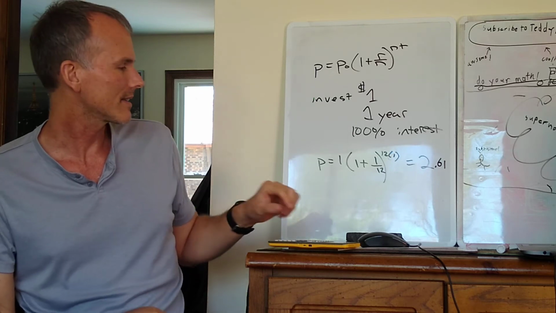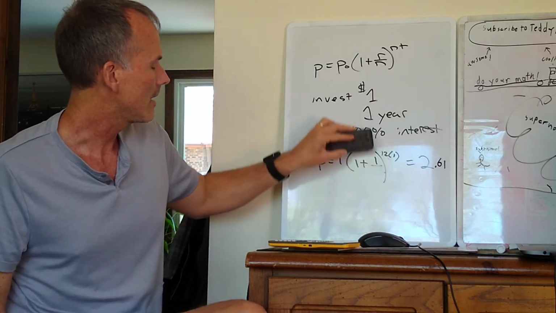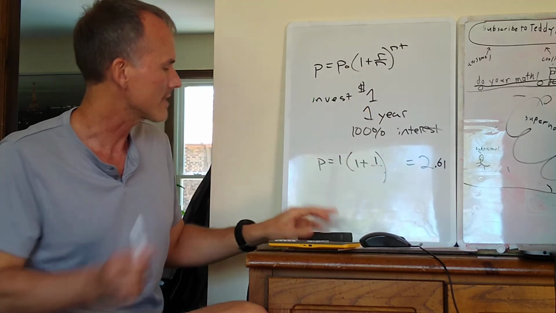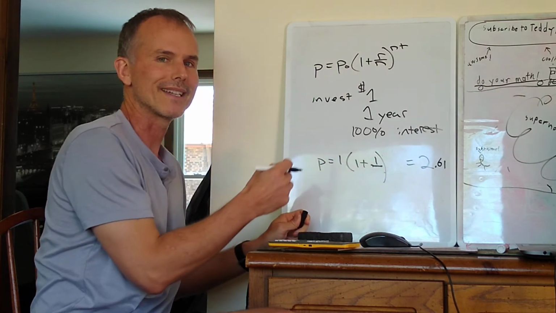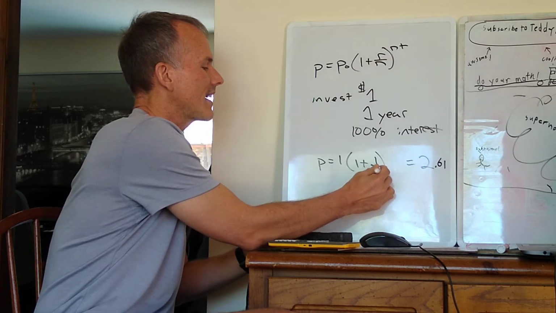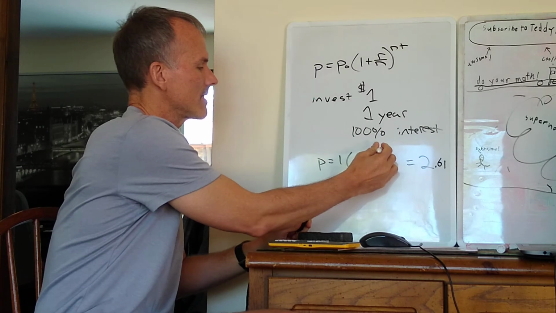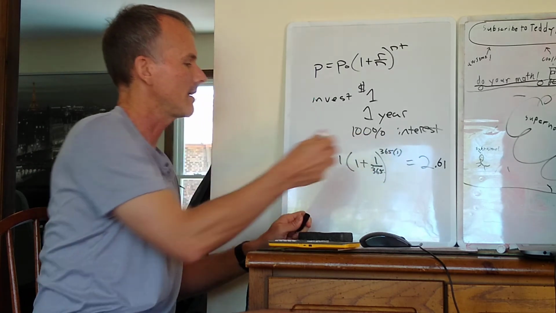Well, let's consider an even better bank. In fact, like I told you in the last video, my bank compounds interest every day. What they don't do is pay 100% annual interest. So let's put a 365 here, because there are 365 compounding periods in a year, and a 365 times 1 up there.